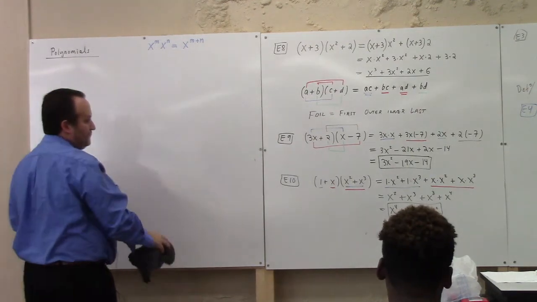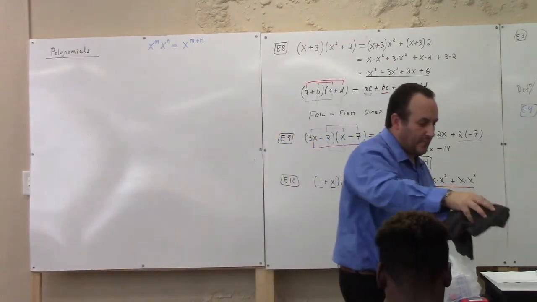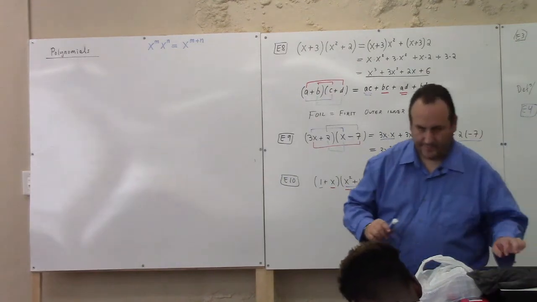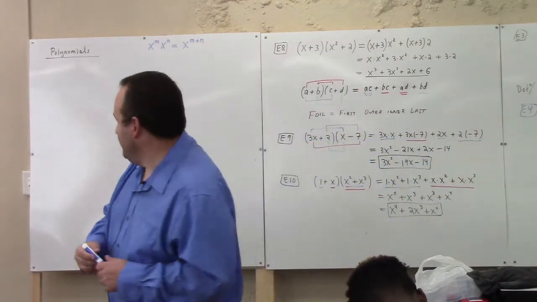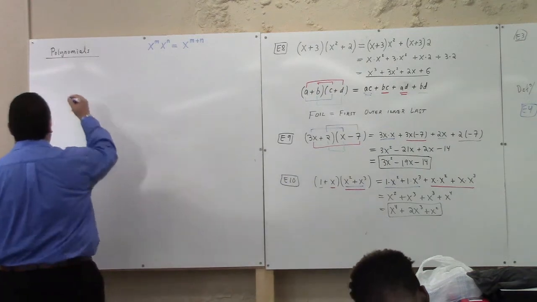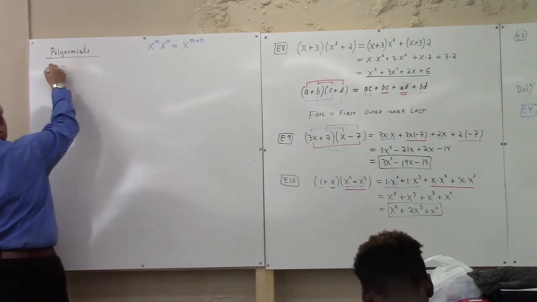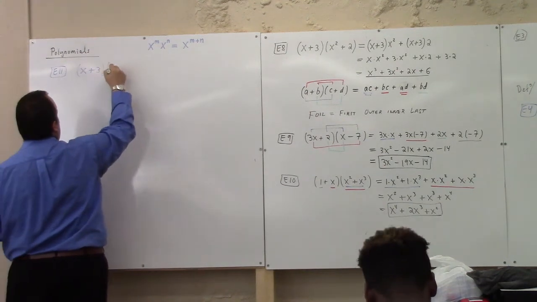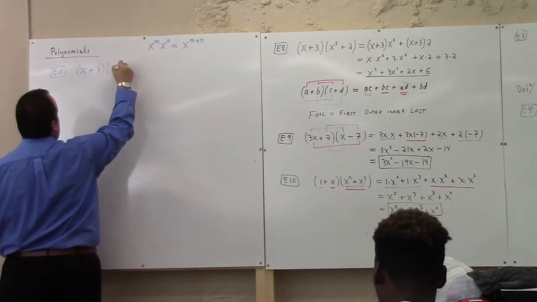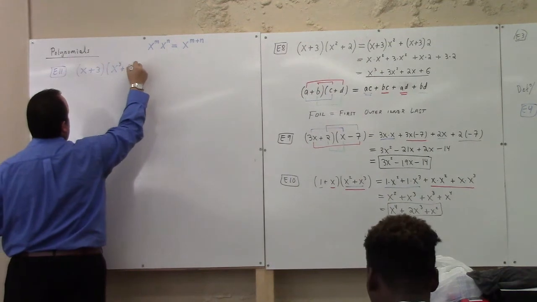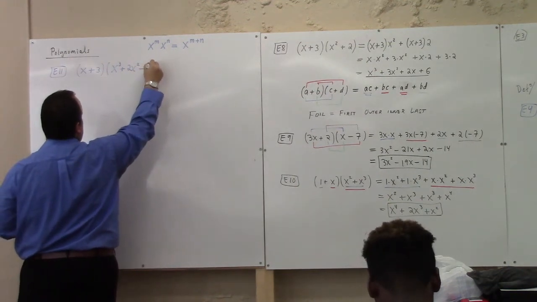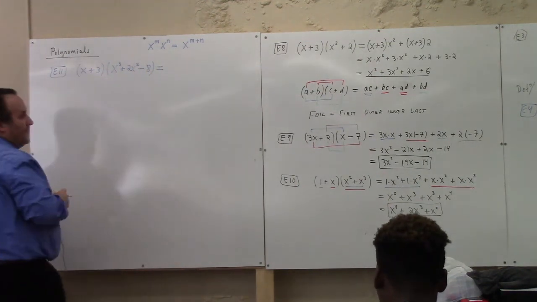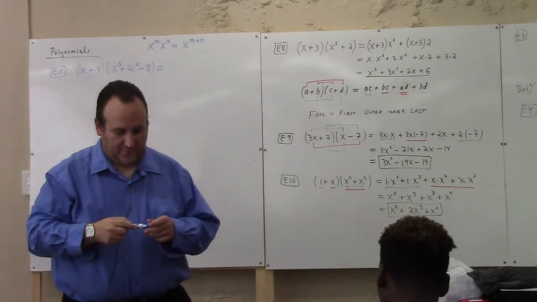Let us do another. So here, you try to work this out. What if I had x plus 3 times x cubed plus 2x squared minus 8? How's this going to work?